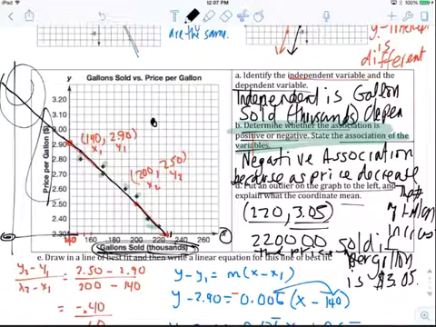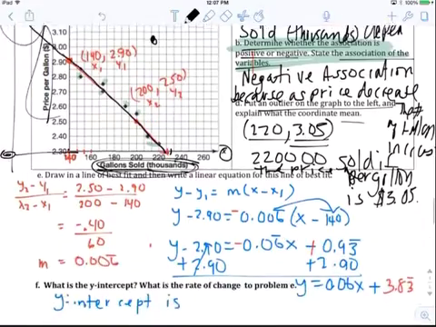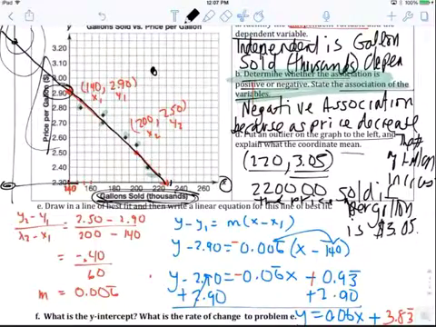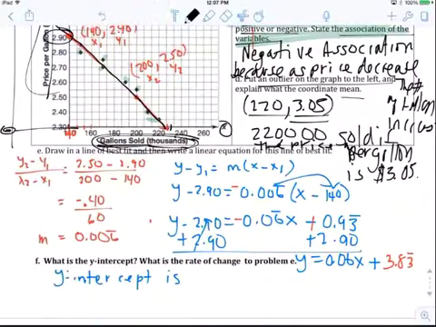It's not true to per gallon. Never gonna happen. $3.83 is the y-intercept. I know it has to be more than $2.90. And when I got less than that, I know it was wrong.